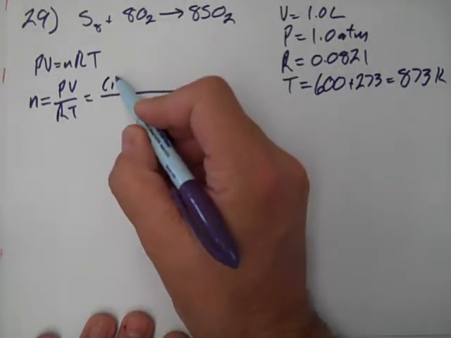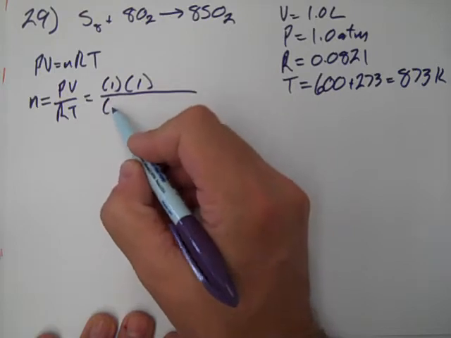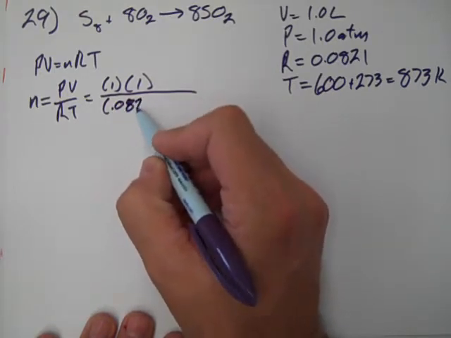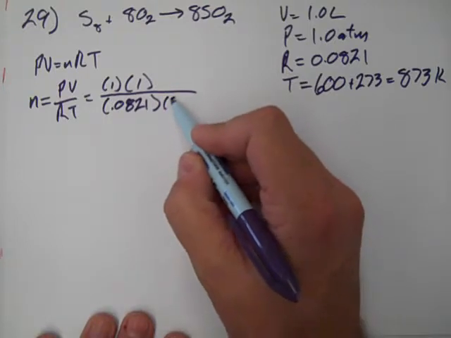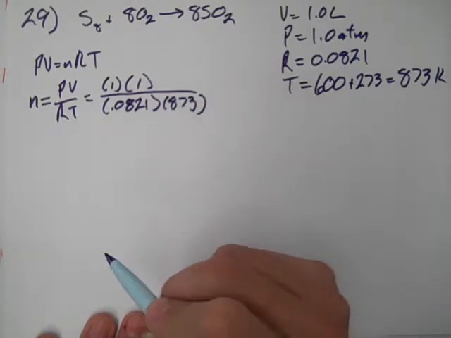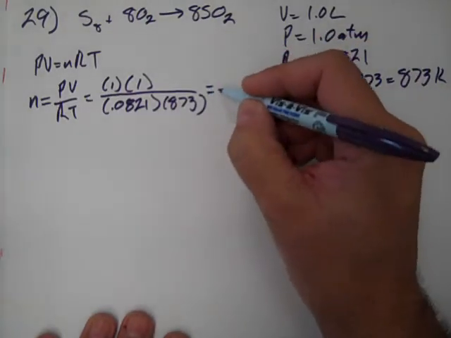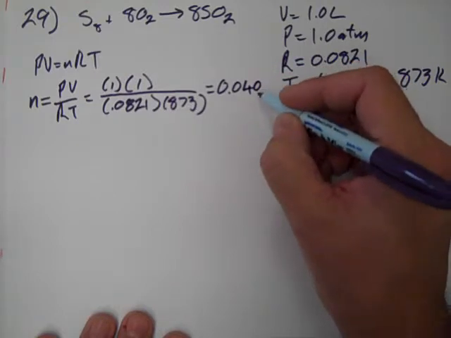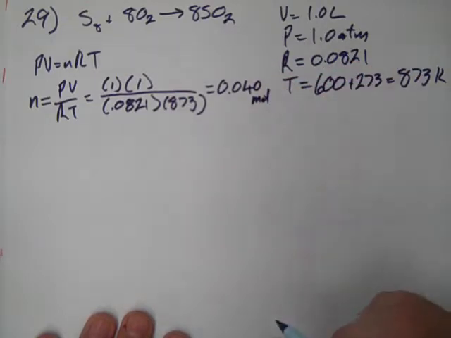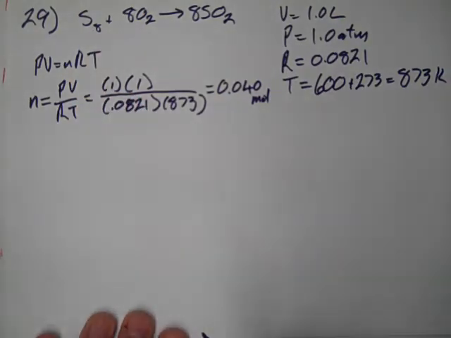My pressure is 1, my volume is 1, my R is 0.0821, and my temperature is 873, which means my n equals 0.040 moles. That is the number of moles of sulfur that I am burning.